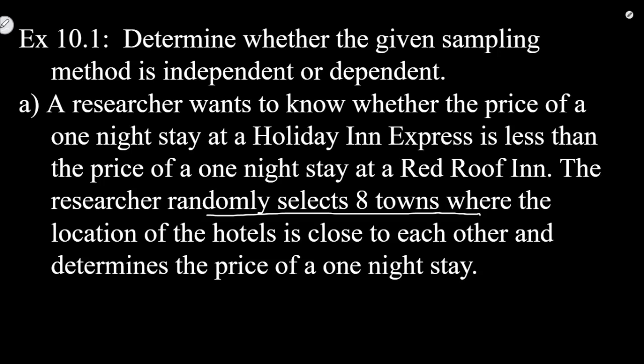So the selection of the town that has the Holiday Inn determines the Red Roof Inn that is also looked at. And so the selection of the first sample item determines the selection of the second one. So your 8 towns determine your Holiday Inn and your Red Roof Inn items there.